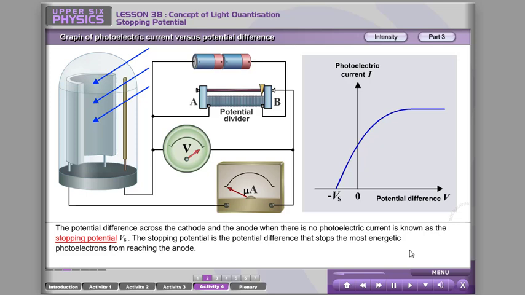The potential difference across the cathode and the anode when there is no photoelectric current is known as the stopping potential Vs. The stopping potential is the potential difference that stops the most energetic photoelectrons from reaching the anode.